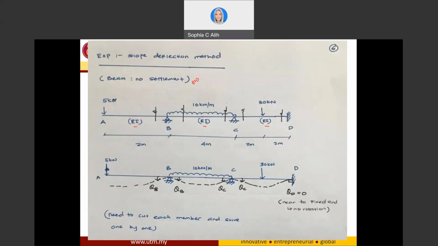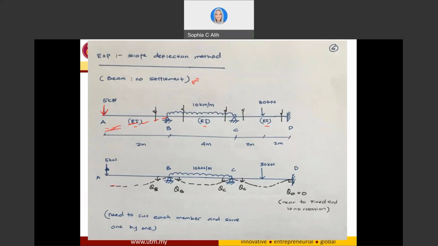So if I have AB as a cantilever and I have a point load at the end of A, definitely I will know that the deflection of my beam is going to be something like this, right? Because if I have my beam straight and one point load at the end of A, my beam is going to be deflected this way. In other words, it's going to be deflected using this line.